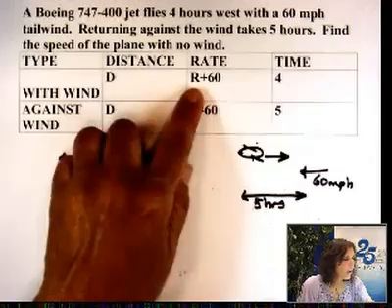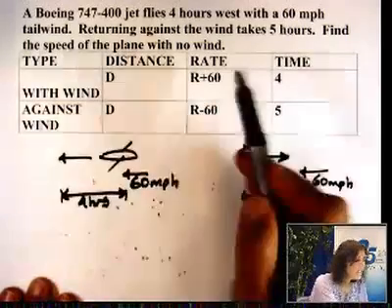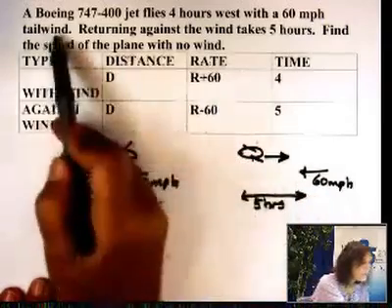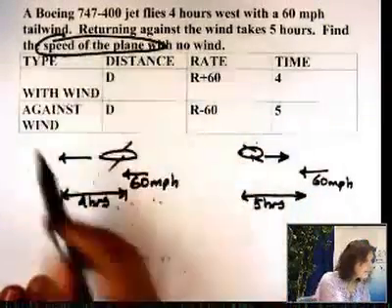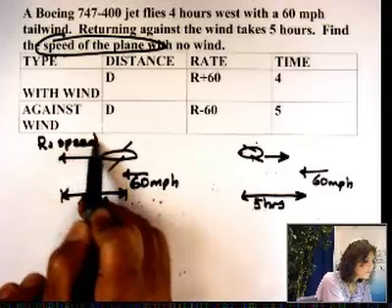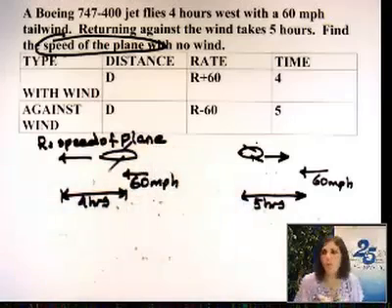Now, when you go with the wind, R is the speed of the plane in no wind condition. So you might want to write this down. R is the speed of the plane in no wind condition.